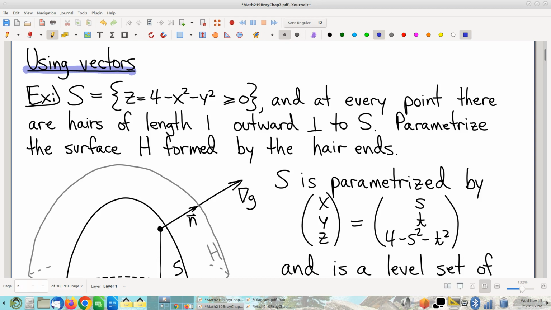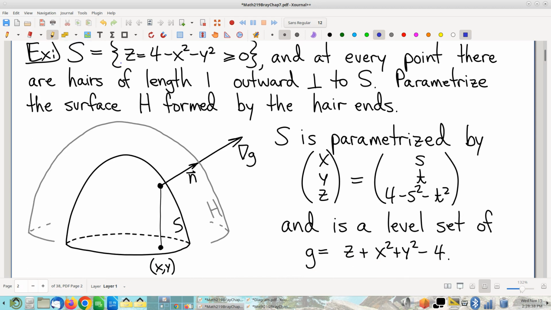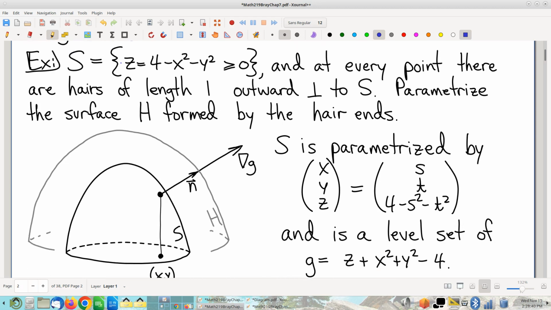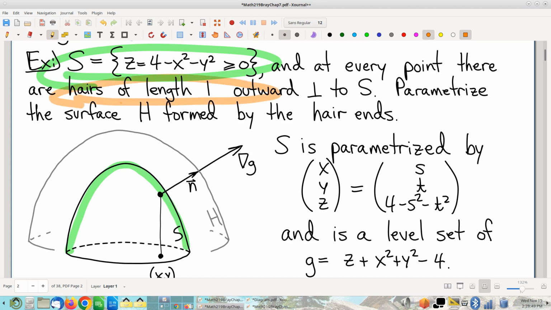This question concerns an admittedly weird scenario. I have a surface here. This is somebody's head, and the hairs on this person's head are sticking out because, I don't know, maybe he was scared or something.